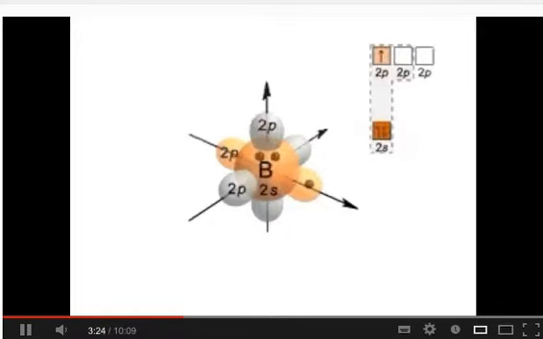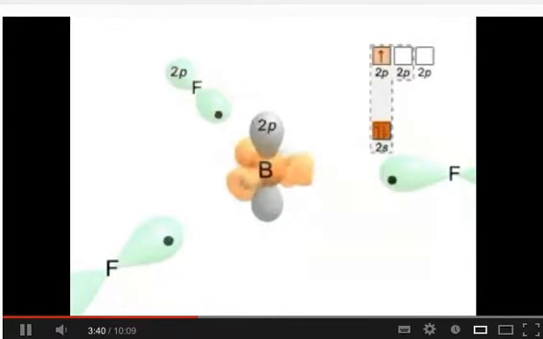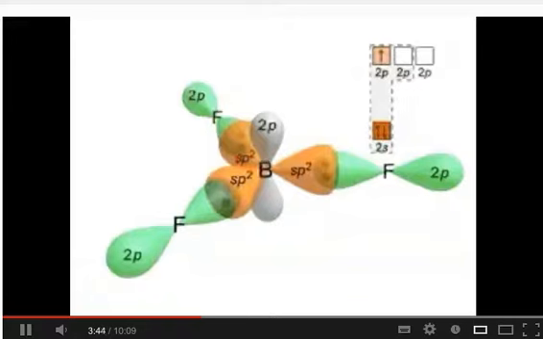Here's an orbital depiction of the ground state boron with filled 2s, half-filled 2p, and two empty 2p's. The fluorines have half-filled 2p orbitals. In BF3, the boron atom is hybridized with the 3 sp2 hybrids pointing to the corners of an equilateral triangle. Boron and fluorine orbitals overlap to form 3 B-F bonds 120 degrees apart.